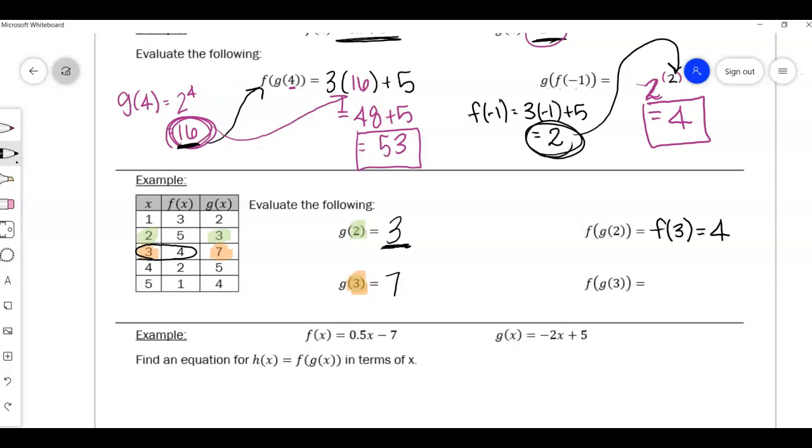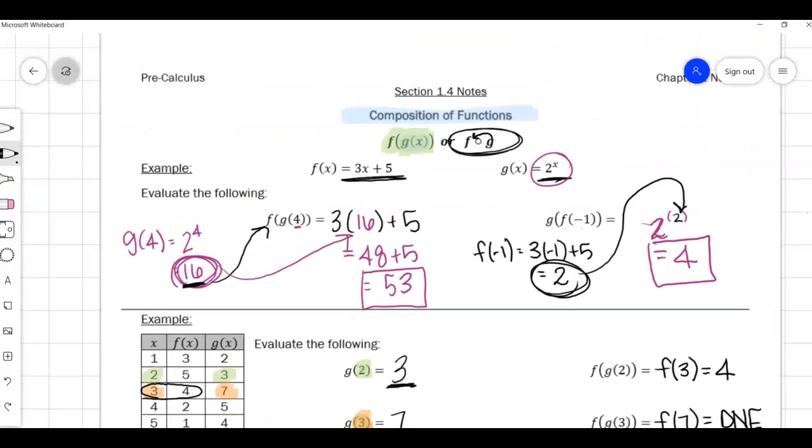For this one, we know that g of 3 is 7, so now I'm looking for f of 7. But looking at our table, we don't have x values that go down that far, and that would typically mean that our domains are restricted and we don't have values. So for this one, we'll say does not exist, or none you could write.